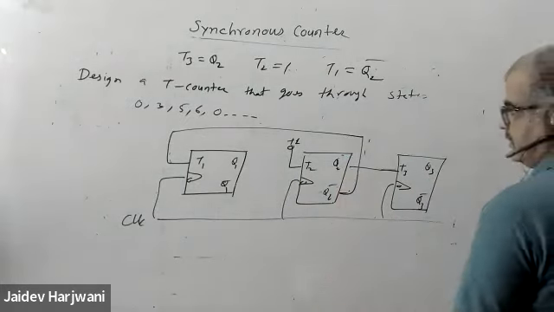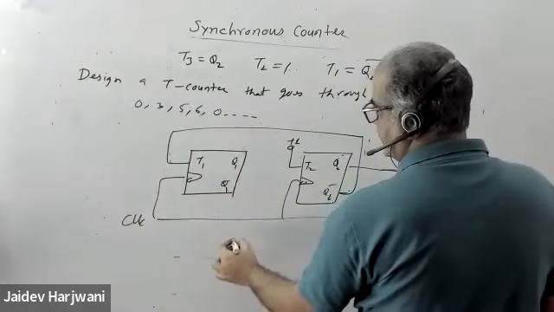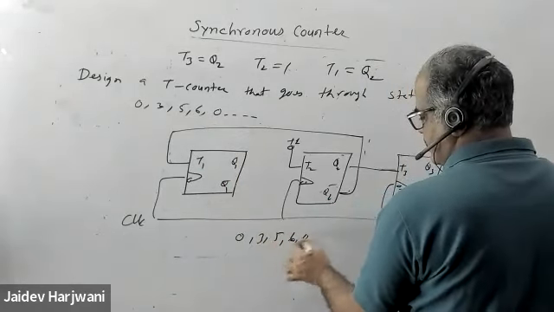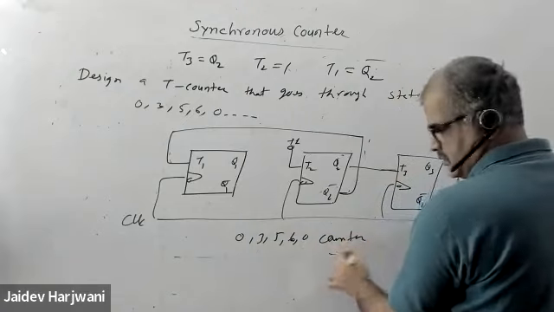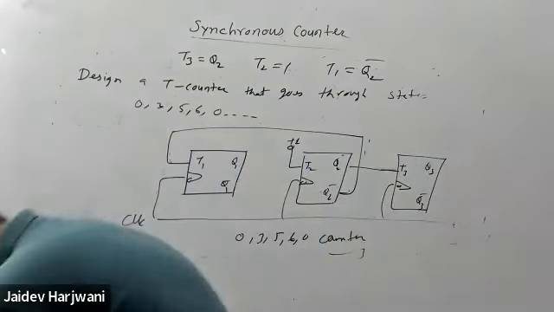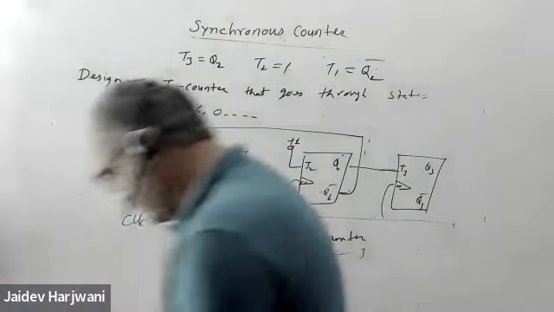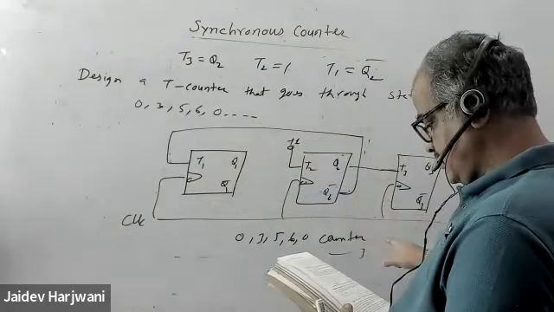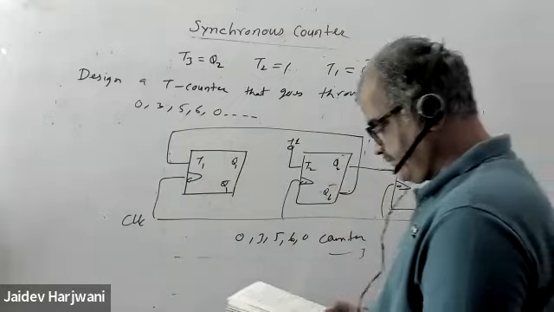So this is your counter. Okay, 0, 3, 5, 6, 0 counter. So you have T1 as Q2 bar, Q2 going here, clock. ठीक है.